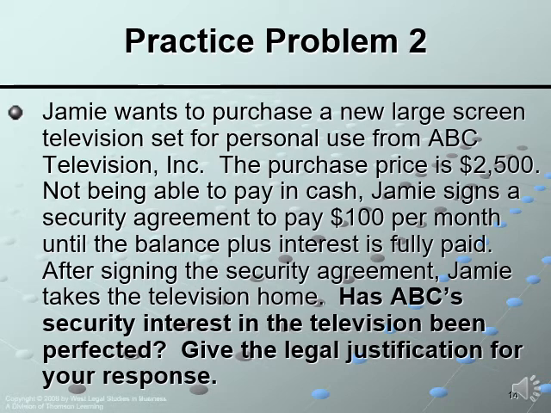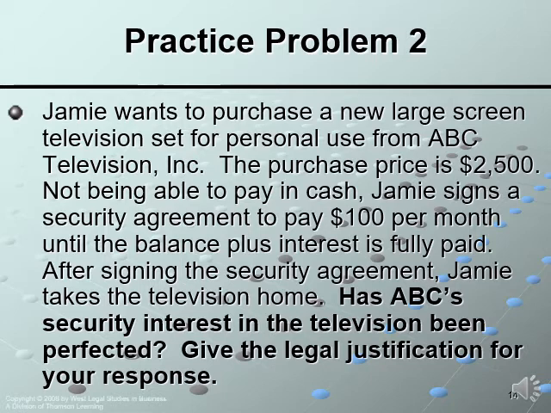That means it's a consumer good. And remember, we had all three elements of attachment here. And the security interest is being taken in what is being purchased. So this is a purchase money security interest in a consumer good, which means that perfection happens automatically once the three elements of attachment occur.